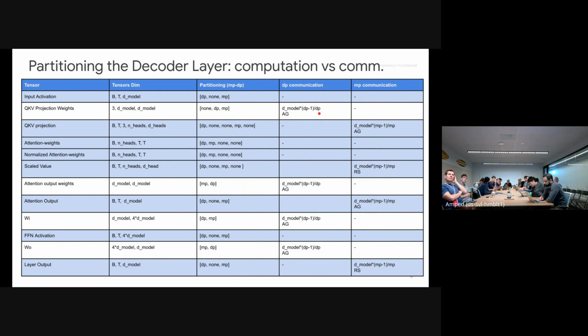This is the typical ring all-gather communication cost that we all know about. Twice of this is basically all of these. And if you jot it down for all of these communications, then you would notice, and by the way, where I have listed as blank is where no communication happens.